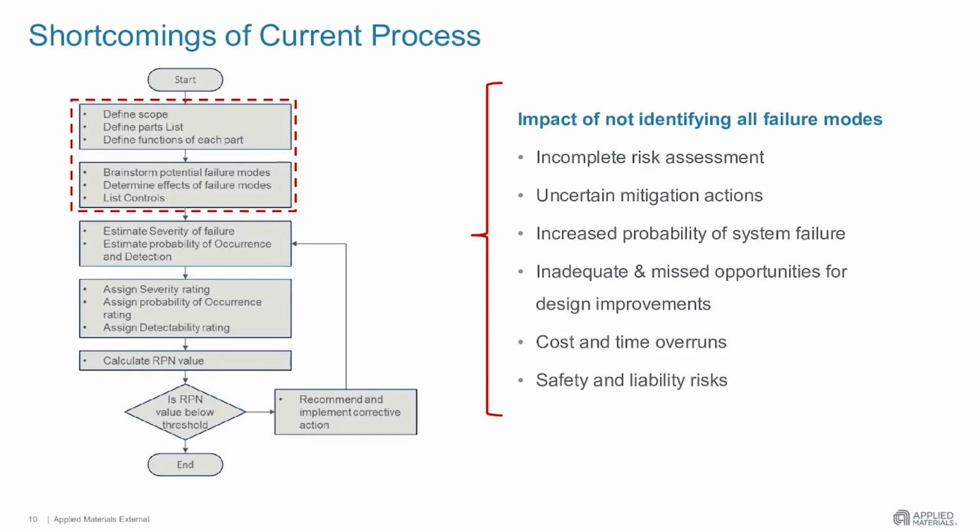Even if we have a functional requirement document at a system or assembly level, it doesn't necessarily have the allocation showing that this function needs to be performed by this particular part. It just talks about the overall functions of a system.